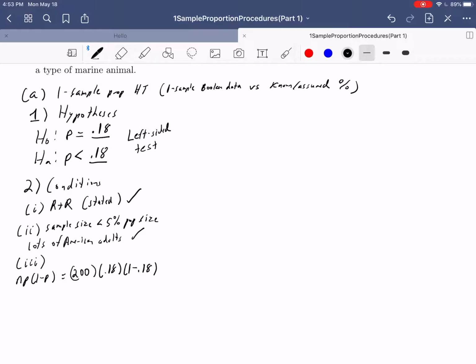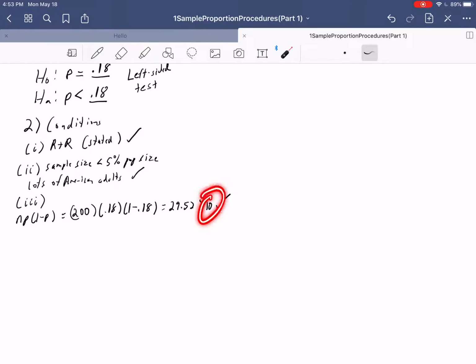So we'll do 200 times 0.18 times 1 minus 0.18. And when we get that, you should get 29.52, which is greater than or equal to 10, so we're all good there. We're always going to be trying to get a value that is greater than or equal to 10 there. 10 is, again, just one of those statistical conventions, right? It's an agreed upon value which this needs to be over for this third condition to be met.